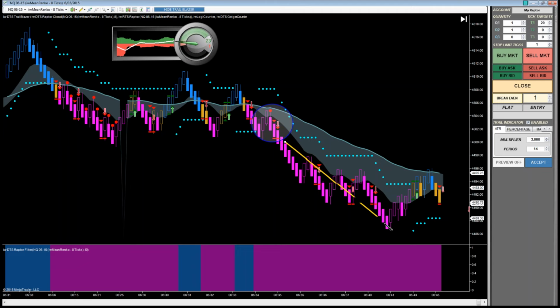The signal has very good follow-through, but for whatever reason, my cloud or filter were not syncing up. So if it happens once in a while, it's just an anomaly. But if it continues to happen, then I started playing with the settings a little bit.